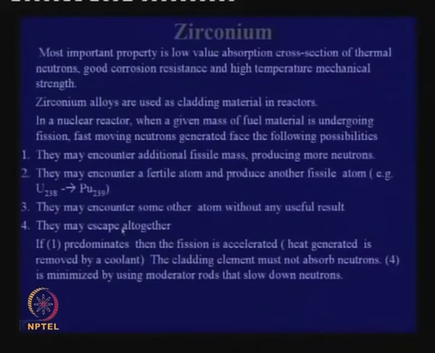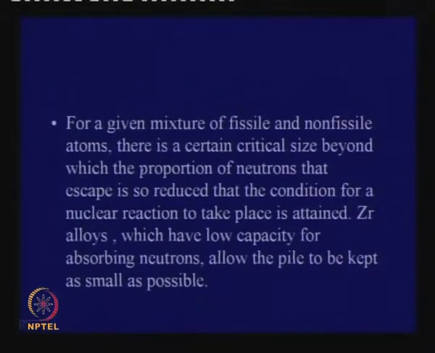Now, sometimes we need moderators to slow down the velocity of these neutrons so that they do not escape altogether. And for a given mixture of fissile and non-fissile atoms, there is a certain critical size beyond which the proportion of neutrons that escape is so reduced that the condition for a nuclear reaction to take place is attained.